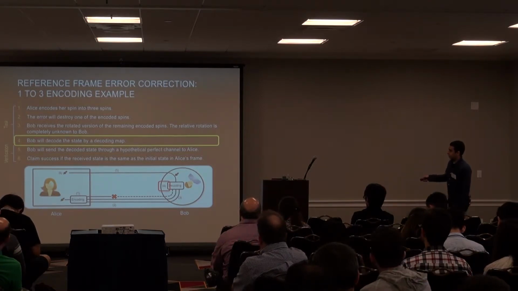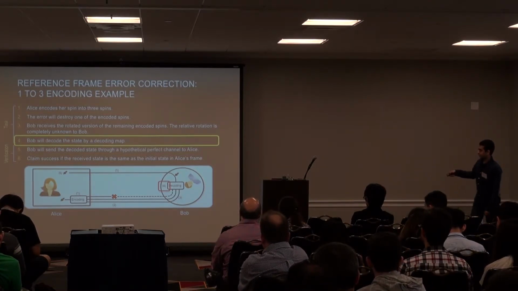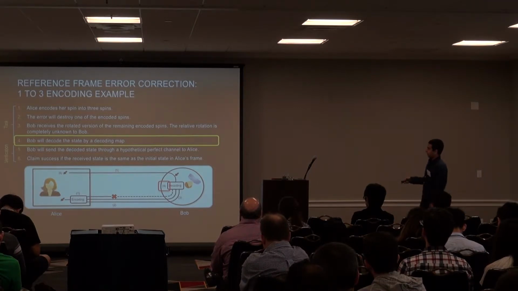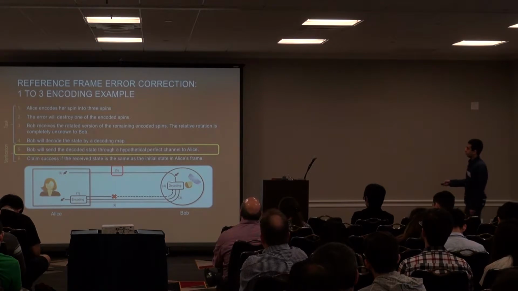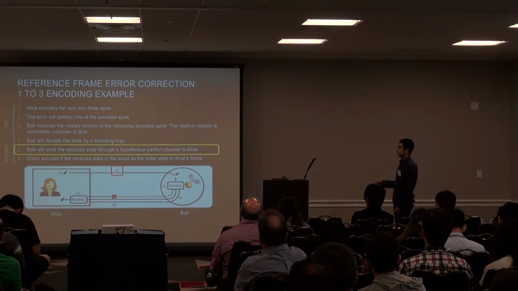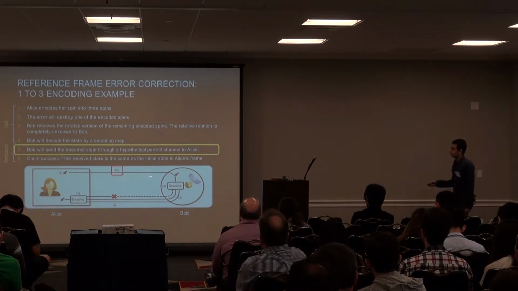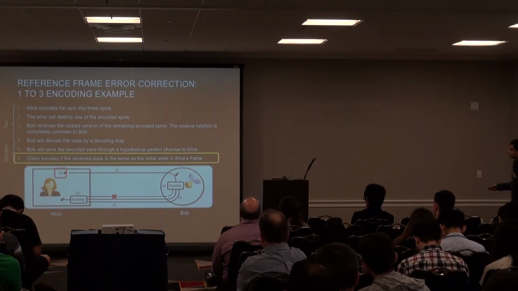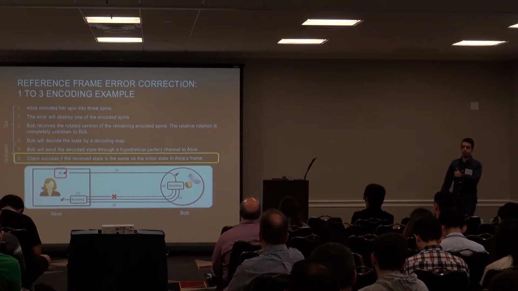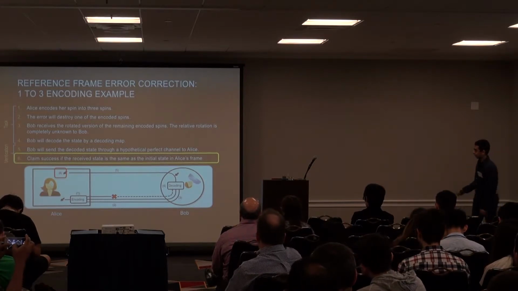Maybe some of the audience can't see this picture, I'm sorry. The last 2 steps are the verifications. Bob sends that spin through a hypothetical perfect channel to Alice, and then Alice compares that to the original spin and says, yes, this is pointing in the same direction, and they're all happy.